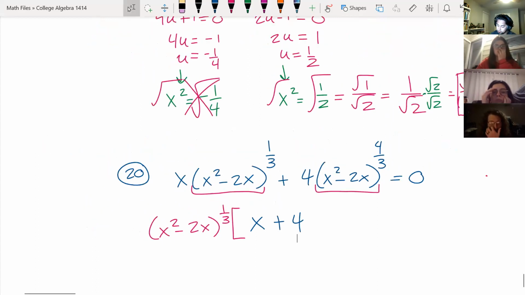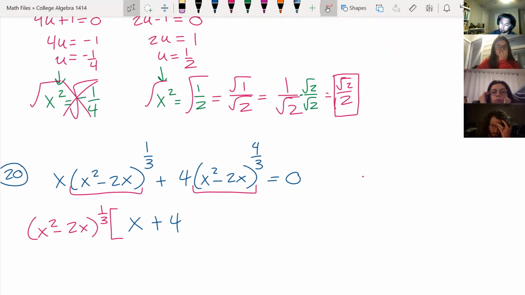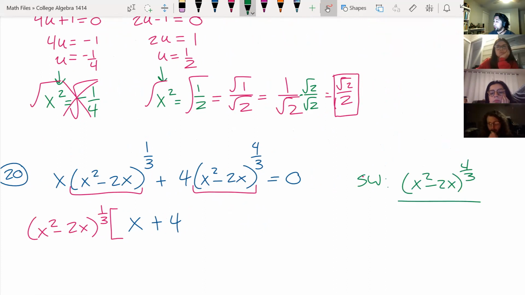And now this term from that term, what's going to happen? So I'm going to show you what we're actually doing here. Remember, factoring, you're essentially dividing the term out from everything, right? So when I take x squared minus 2x to the 1/3 out, side work, this is what we're looking at: x squared minus 2x to the 4/3, over x squared minus 2x to the 1/3. Now, from your exponent properties, if you have the same base, what do you do with your exponents?